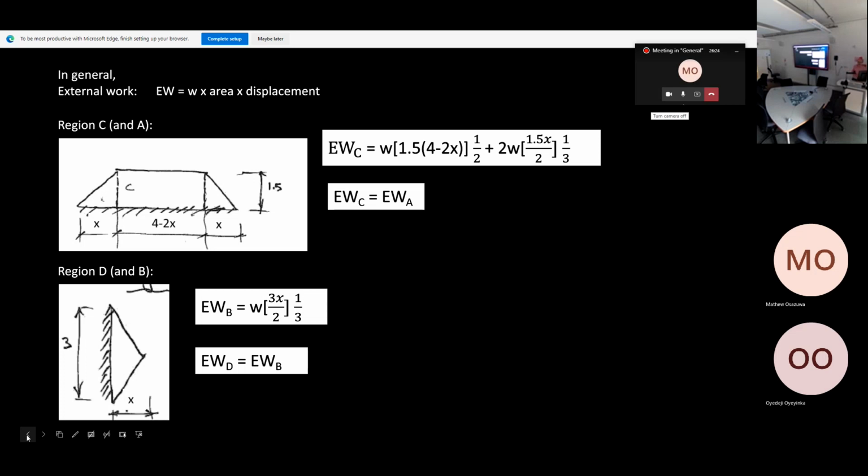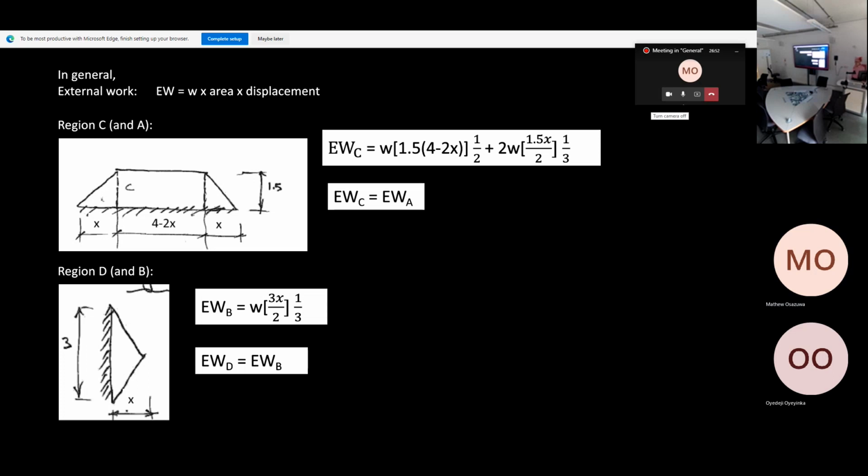Because we are talking here about the external work. The external work is the work of W. What is your external load here? It's an area load. The external load is W. It's the UDL applied on the slab.